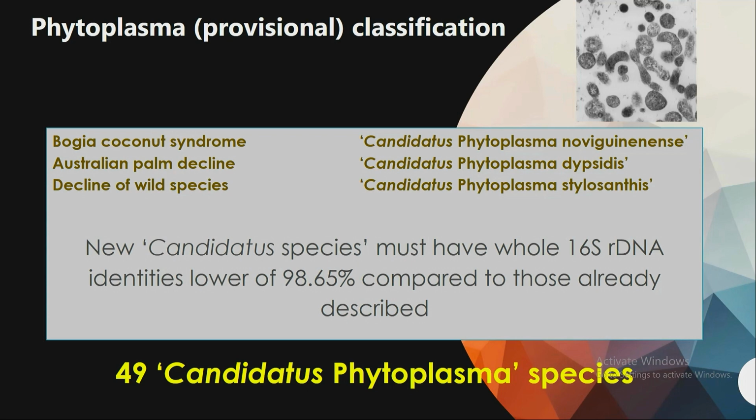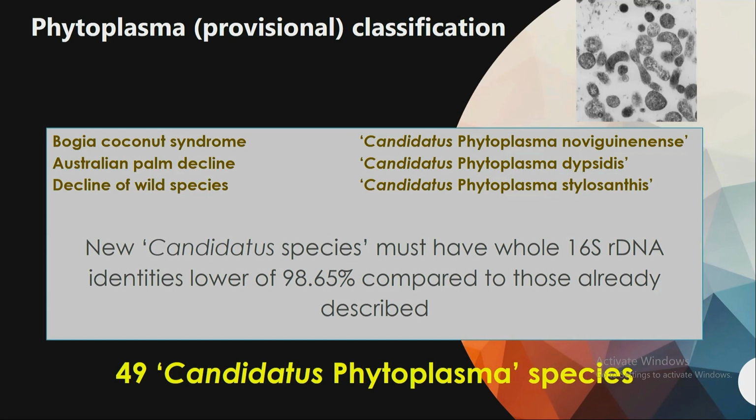But doesn't matter. Ribosomal groups are giving us information, but I think in the future we should more and more try to rely on Candidatus Phytoplasma designation. Just following the updated rule that you see here.